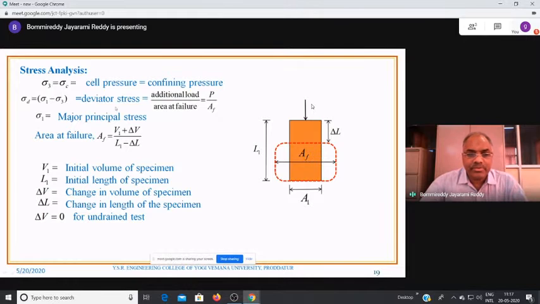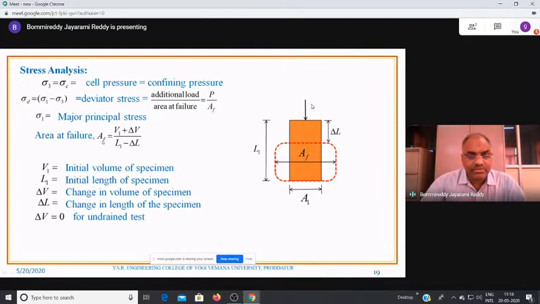The additional load applied in the axial direction divided by the area at failure, P by AF, is called the deviator stress. Knowing sigma 1, you can find any of the three parameters, sigma D, sigma 1 and also sigma 3. But here, the area at failure is more important.